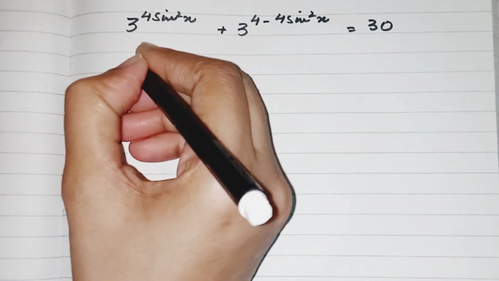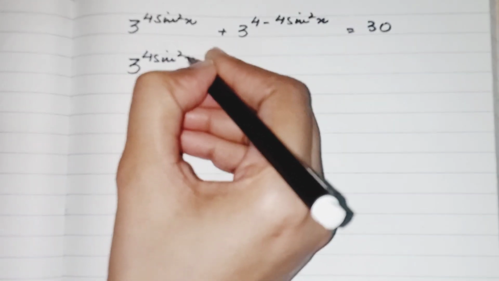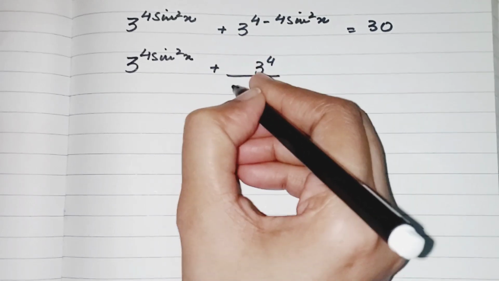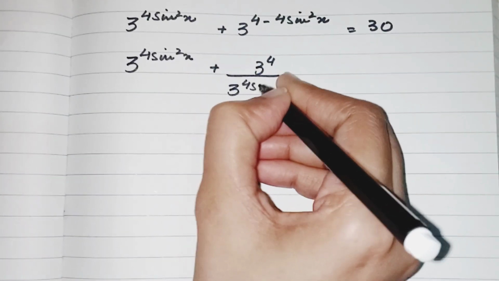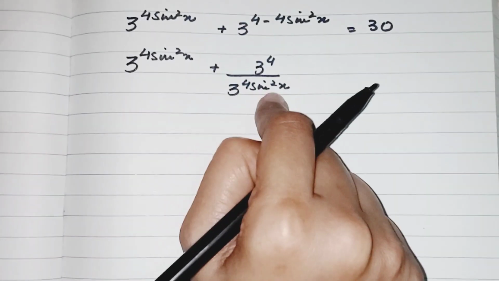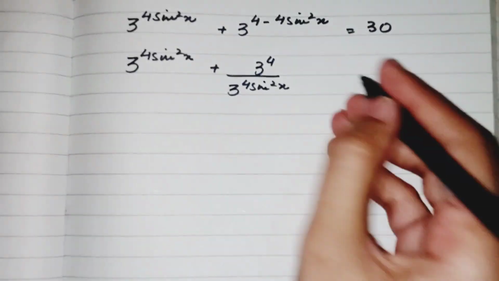So we can write it as 3 power 4 sin²x plus 3 power 4 over 3 power 4 sin²x. By doing that we have plus 4 sin²x instead of minus.